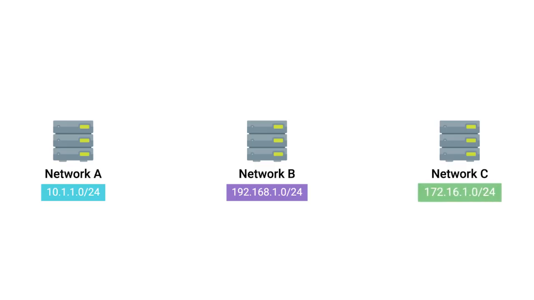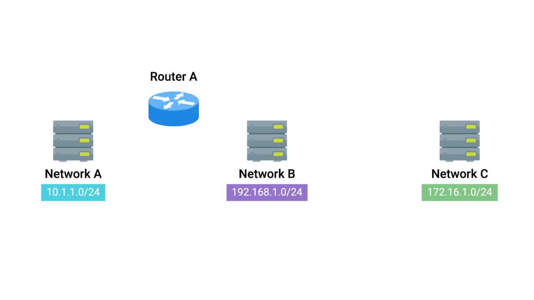Imagine three networks. Network A will contain address space 10.1.1.0/24. Network B will contain address space 192.168.1.0/24. And network C will be 172.16.1.0/24.